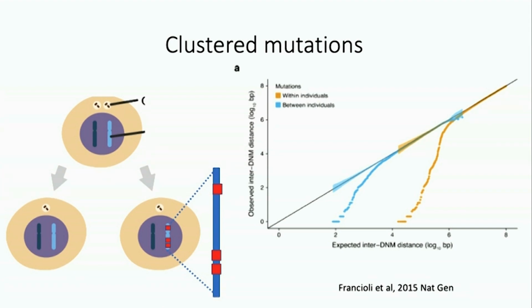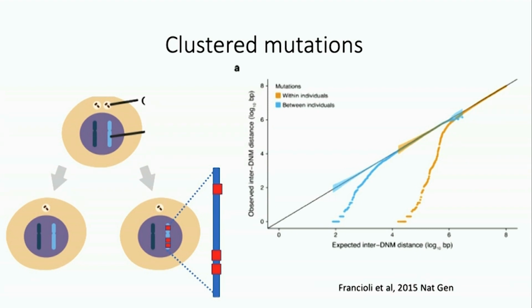And saying rarely, they occur much more frequently than you would expect by chance. And we believe that this is a sign of non-independence of mutations, and it means that they occur simultaneously during one biological event.